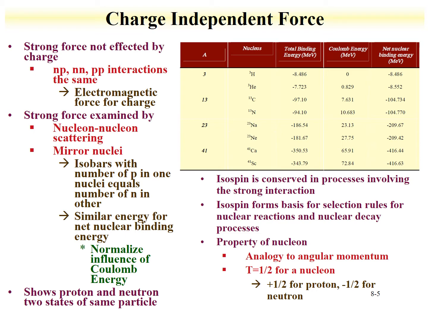And actually this term is called isospin, and it's another parameter that can act to determine reactions based upon the strong nuclear force. And here's some data on isospin. It's a property of a nucleon where the proton can have an isospin of 1/2 and the neutron an isospin of -1/2.